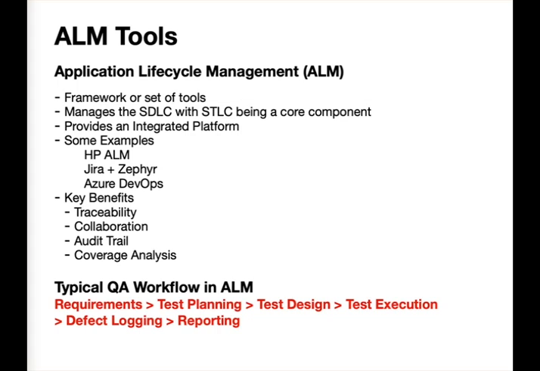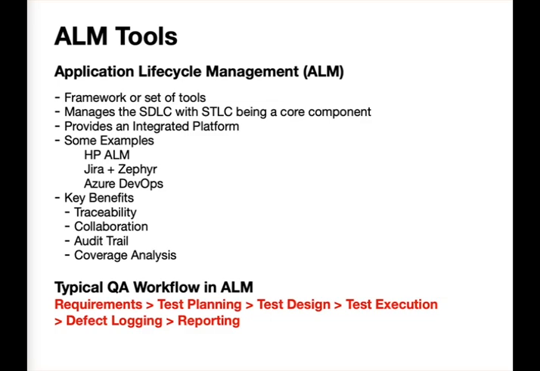And then you have an audit trail, which is a full history of any changes, runs, approvals, sign-offs, just any auditing that might have occurred throughout the life cycle of the project can be tracked and traced as well. There is coverage analysis, which identifies the untested requirements as well.